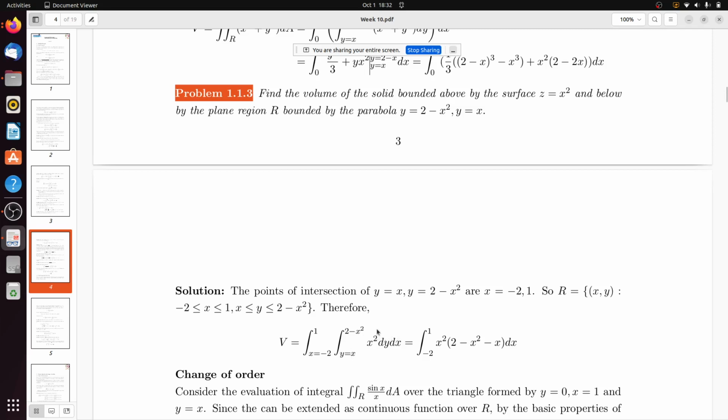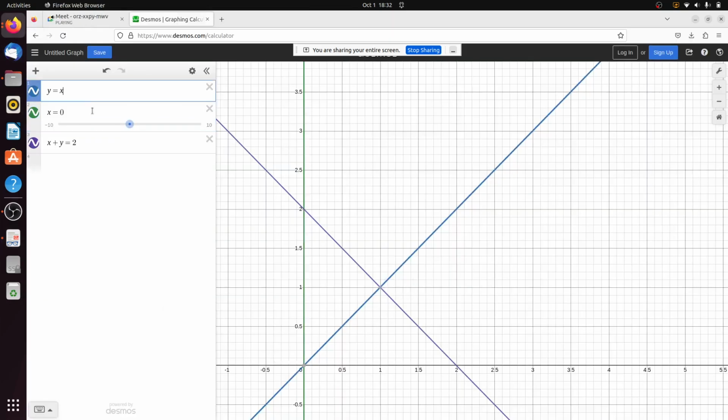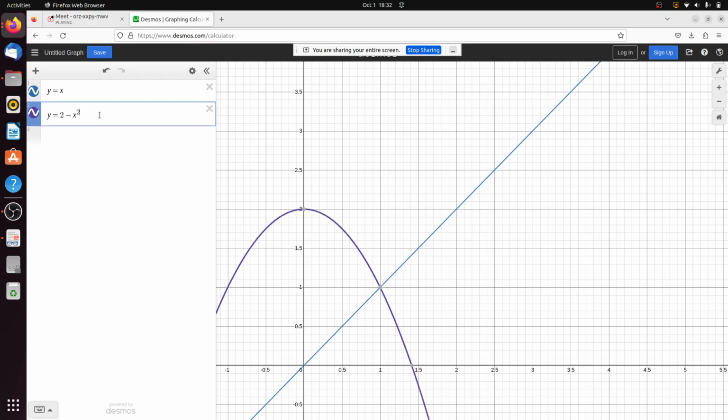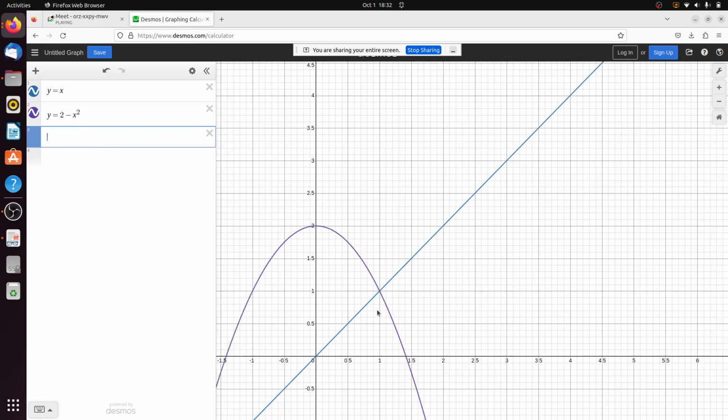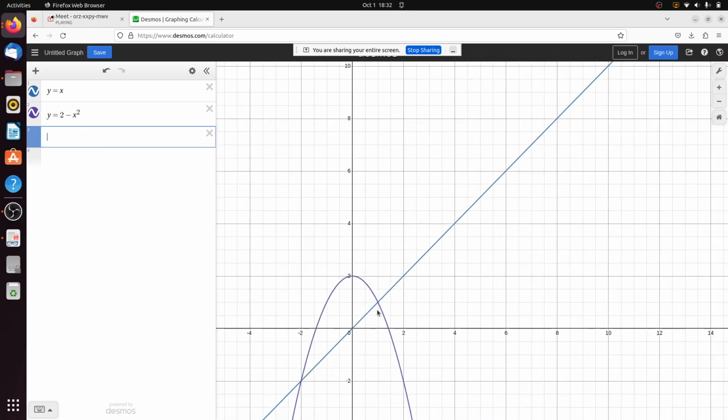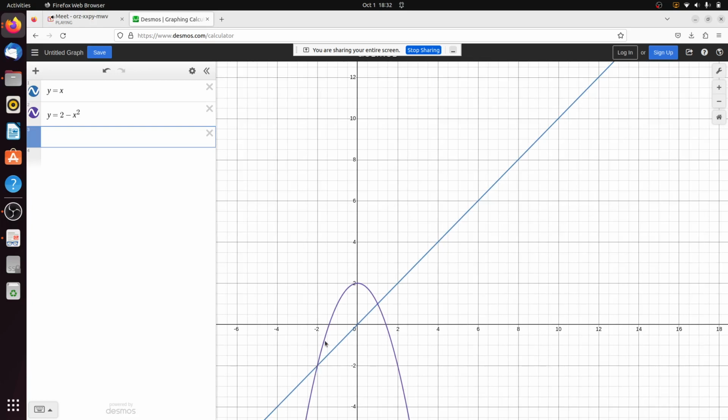How the domain of integration looks, I am just plotting for your reference. Y equal to 2 minus x square and y equal to x. See, this portion is actually our domain of integration.